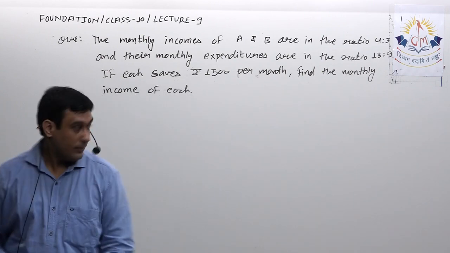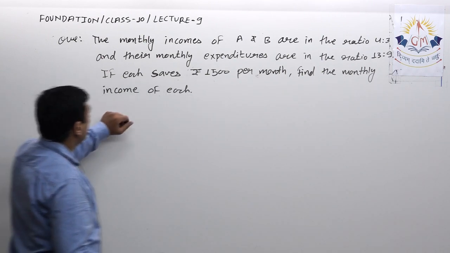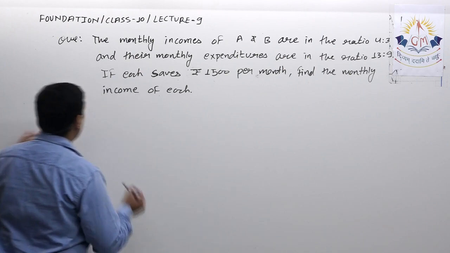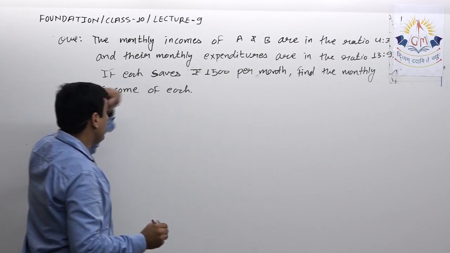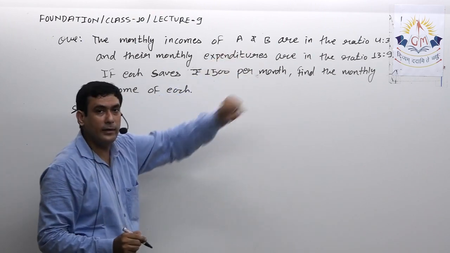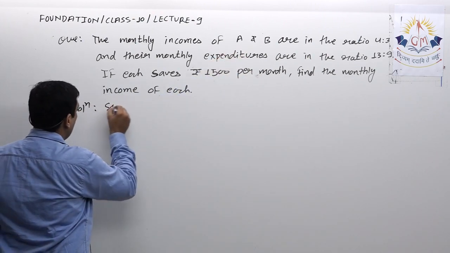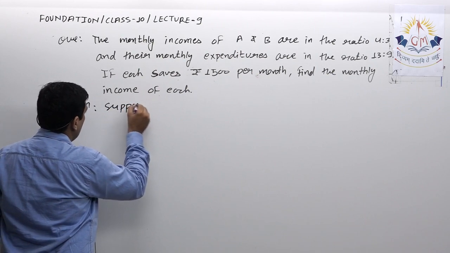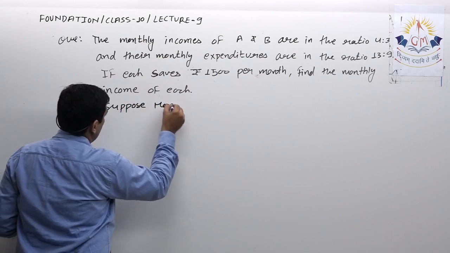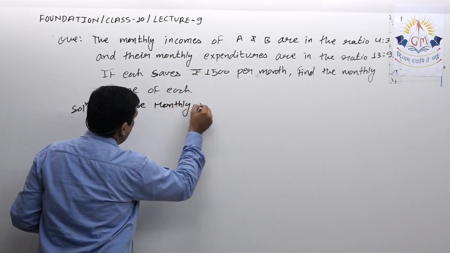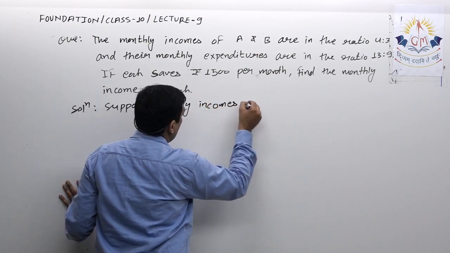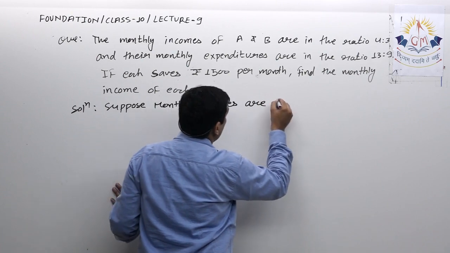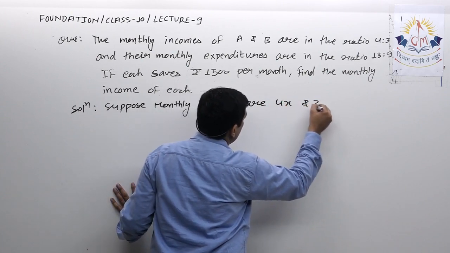Okay, now let us see its solution. The monthly incomes of A and B are in the ratio 4 is to 3, so suppose their monthly incomes are 4x and 3x.